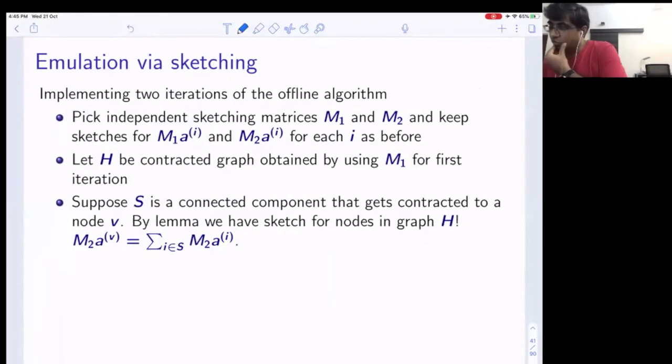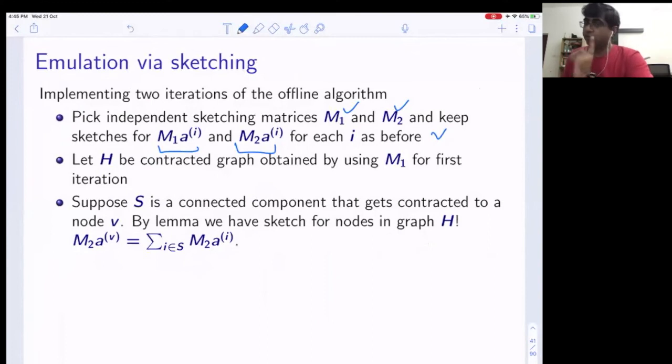So what does it mean? Now let's implement two iterations of this offline algorithm. We pick independent sketching matrices M1 and M2 and keep sketches M1A1 and M2AI for each I as before. So now we are not keeping one sketch, we are keeping two sketches.